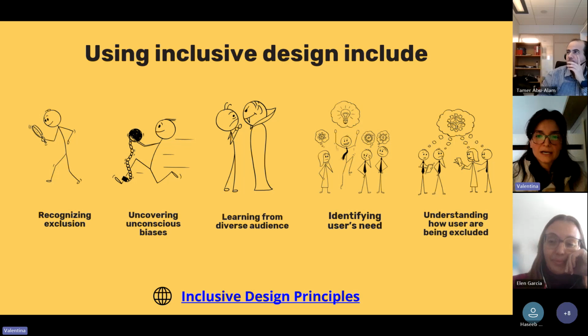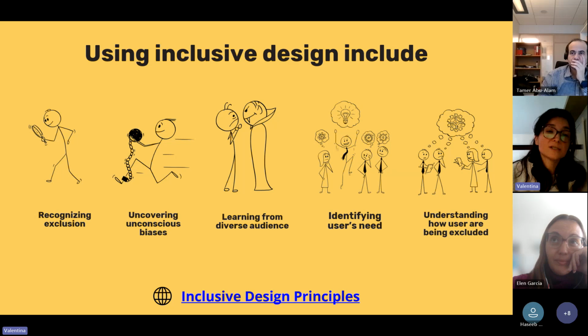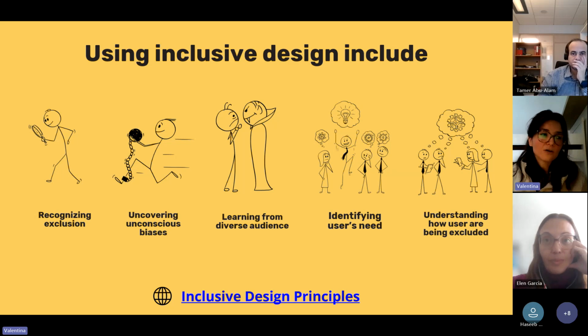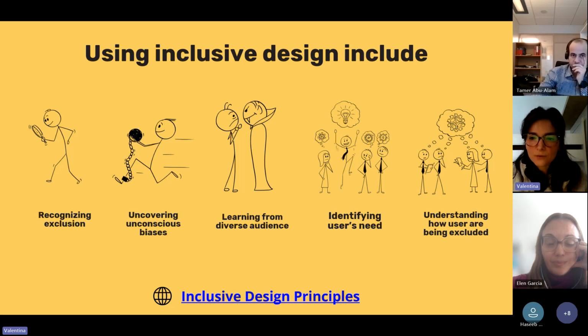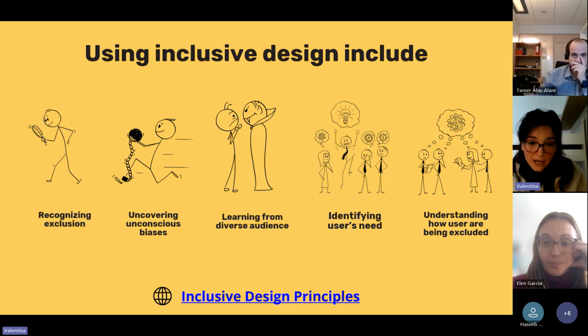We should take into account different perspectives or different voices about the same topic or the same stories before telling the story. The other thing is to try to identify the user need, but also understand how users are being excluded. I think these are the most important things that we can think about.